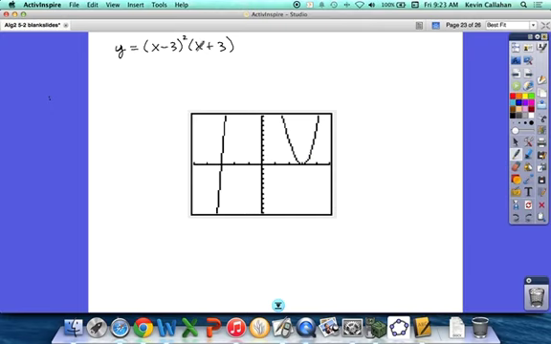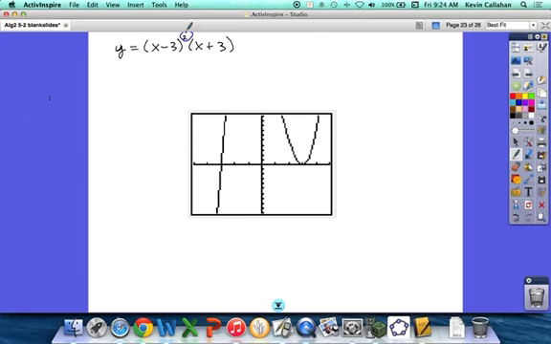But when it's to the first power, if I have a value of x which is less than -3, then this is negative. If I have a value of x which is more than -3, then it's positive. It changes sign. But when it's squared, it doesn't change sign. So when you're trying to find the zeros by looking at a graph and you see this, you know you're supposed to write the zero twice. That would be 3, 3, and -3 because of the shape of the graph. So when the factor is raised to a power higher than 1, that's called multiplicity.